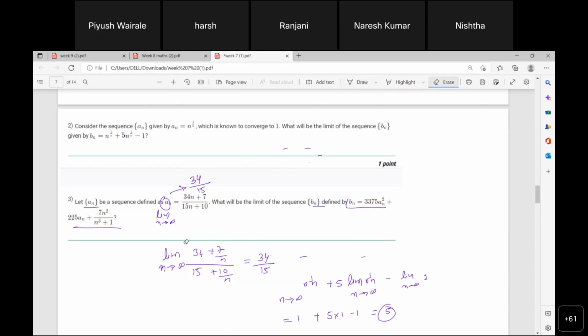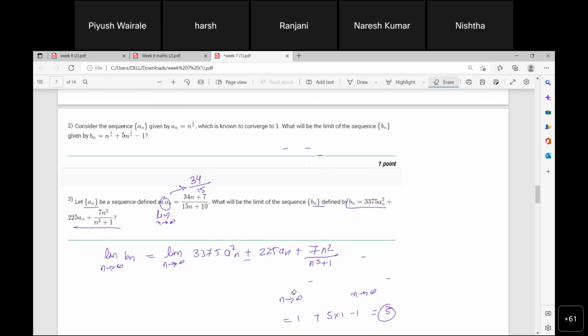Now what we have to find out is the limit of the sequence b_n. The same thing we have to apply. That is the limit as n tends to infinity of b_n, which is the limit of 3375 a_n square plus 225 a_n plus 7n square upon n cube plus 1.